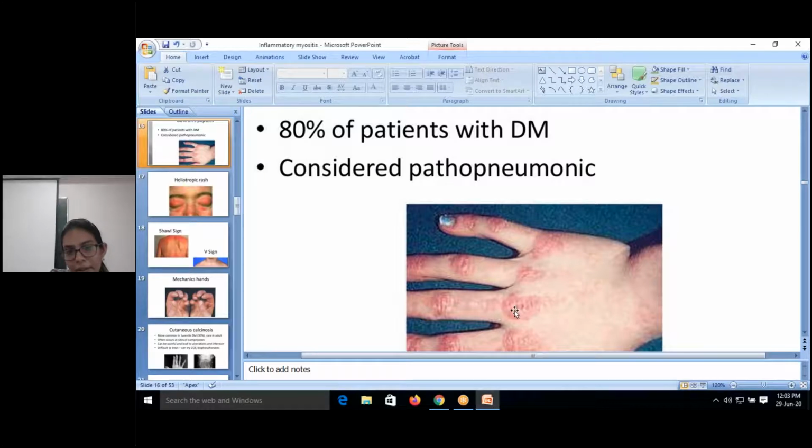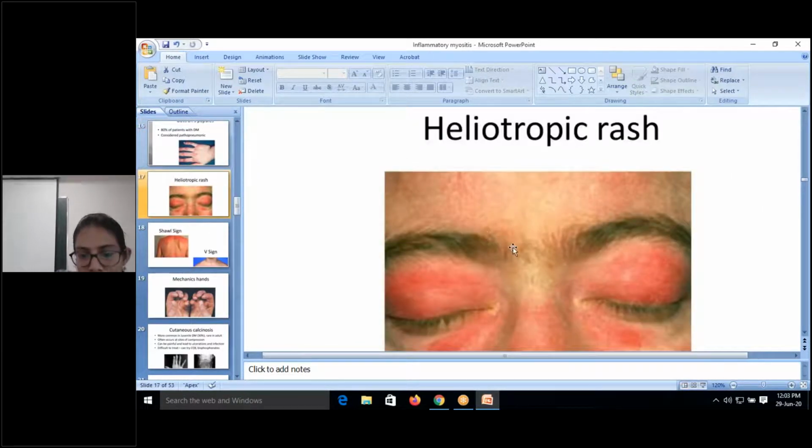Papules are Gottron's. There is a whitish, discoid-like papular rash over the knuckles and interphalangeal joints, then you have Gottron's sign or Gottron's papules, which is very pathognomonic. And the next pathognomonic sign is the heliotrope rash. Heliotrope rash is nothing but a violaceous inflammatory pigmentation, or inflammatory sign, which you can see around the periorbital area.